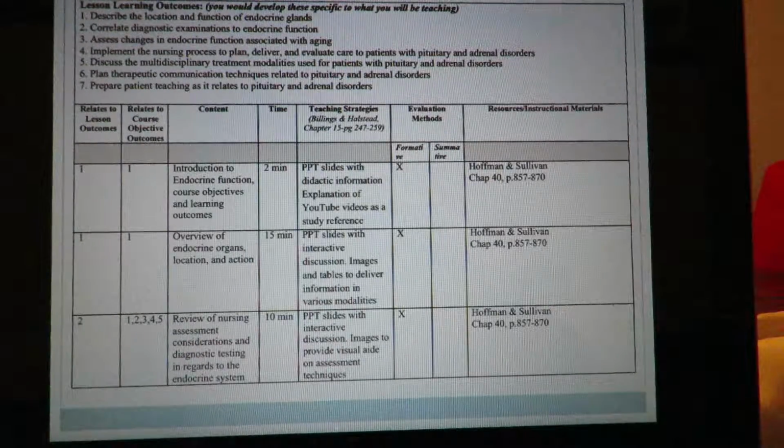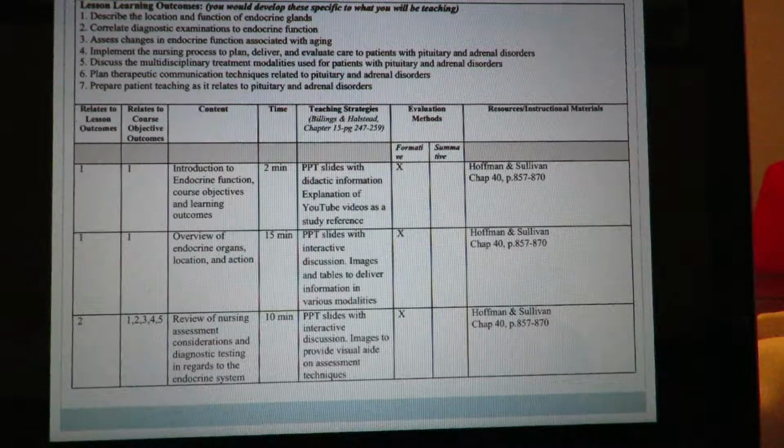Then, to correlate diagnostic examinations to endocrine function, to assess the changes in the endocrine function associated with aging, to implement the nursing process to plan, deliver, and evaluate care to patients with pituitary and adrenal disorders, to discuss the multidisciplinary treatment modalities used for patients with pituitary and adrenal disorders, to plan therapeutic communication techniques related to pituitary and adrenal disorders, and prepare patient teaching as it relates to the pituitary and adrenal disorders.